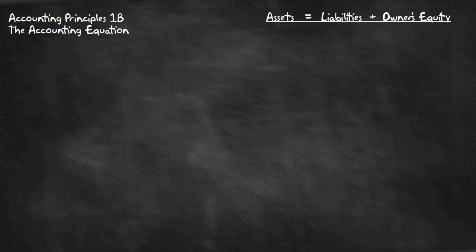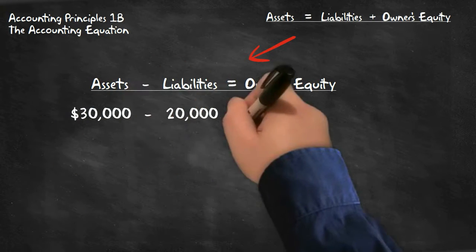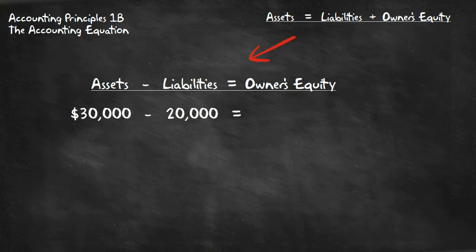Another way to look at the accounting equation is to change it to show the importance of creditors by taking assets minus liabilities equals equity. So let's say, for example, we have $30,000 of assets and $20,000 of liabilities, or money that we owe to creditors, how much equity would we have? $10,000.